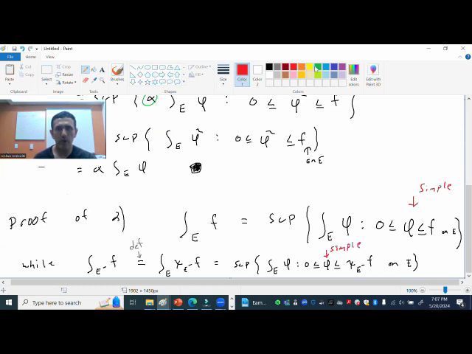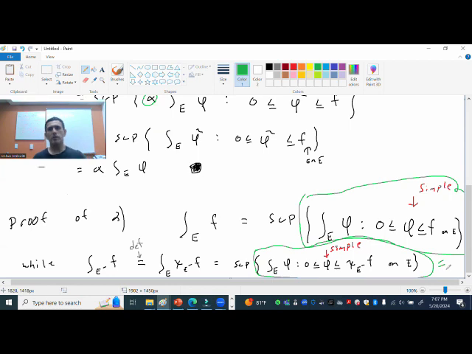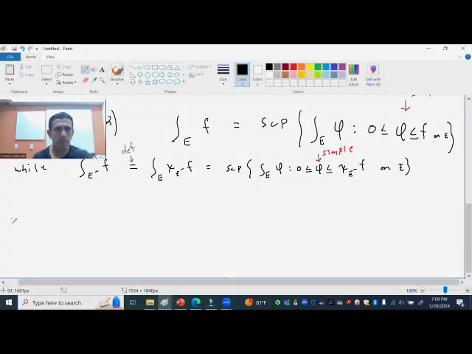All right, so the goal here is to prove that this set equals this set. I'm going to prove that these two sets are equal. And if I do that, obviously the supremums are going to be equal. Okay.